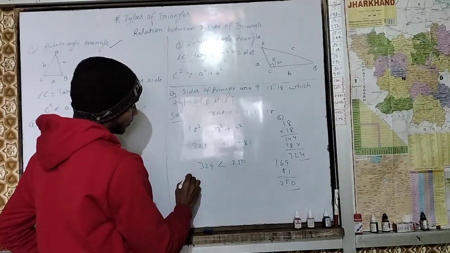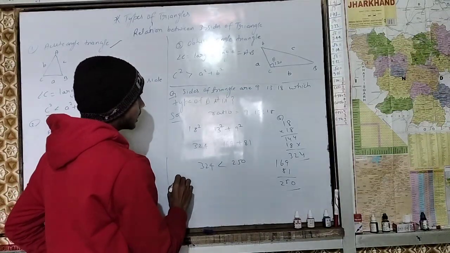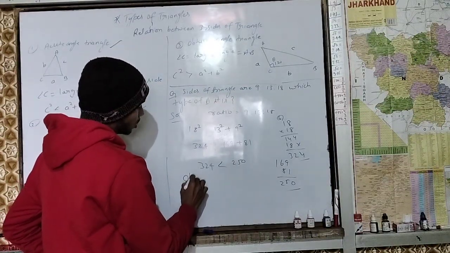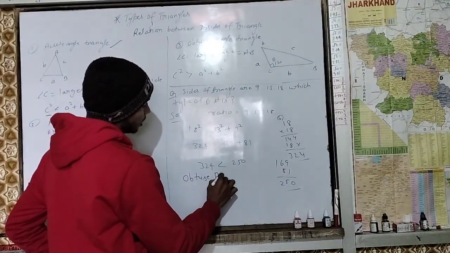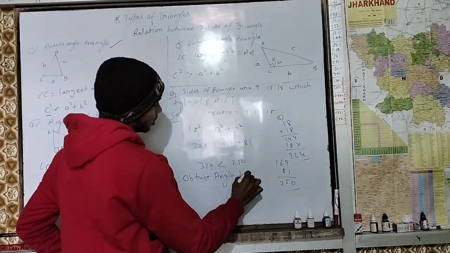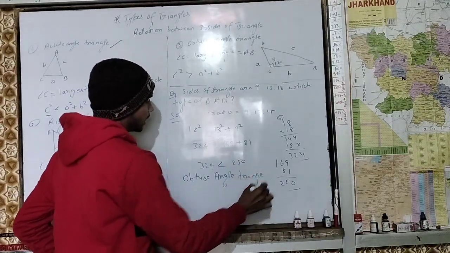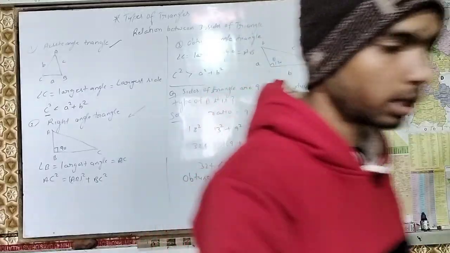So we can say this triangle is nothing but an obtuse angle triangle. Got it?